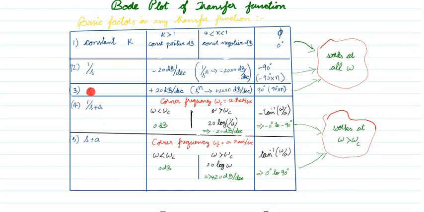Similarly, for s, let's say a zero at the origin, the slope is plus 20 dB per decade and the phase angle is plus 90 degree.